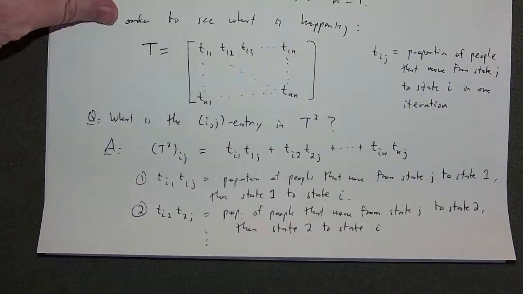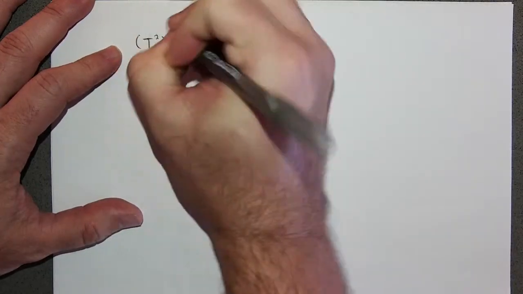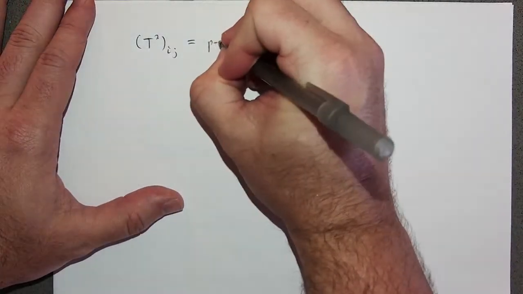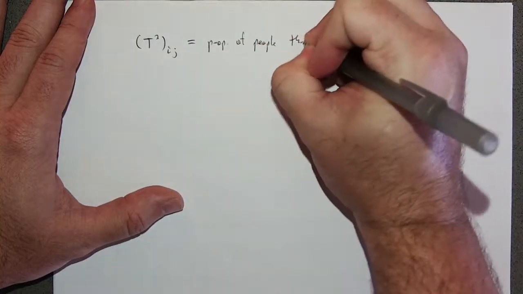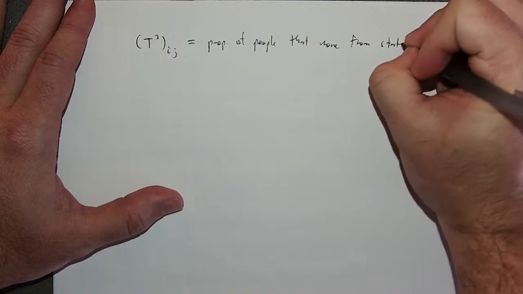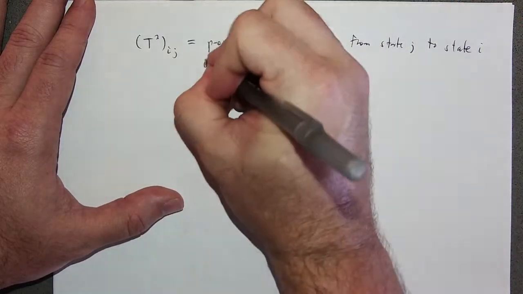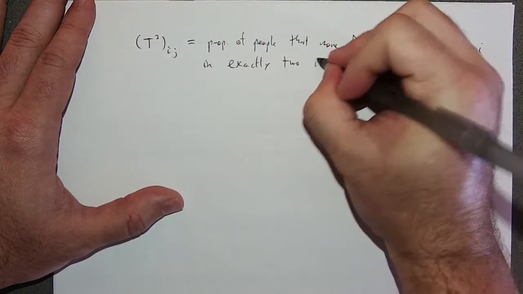So summing all of these, what this is, is the proportion of people that move from state j to state i in exactly 2 iterations.